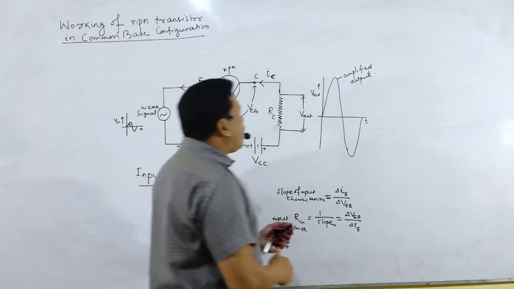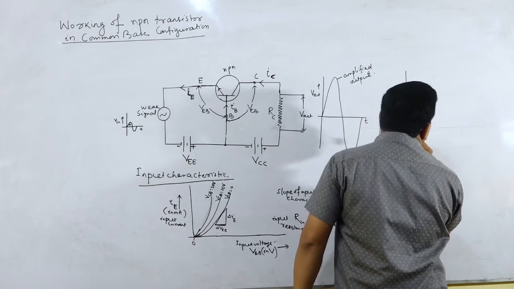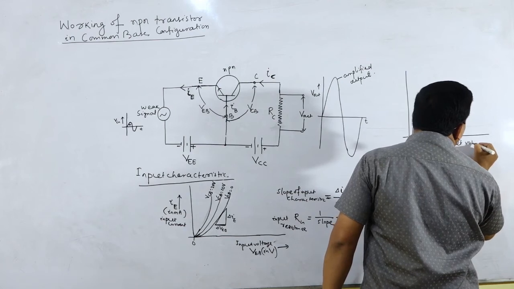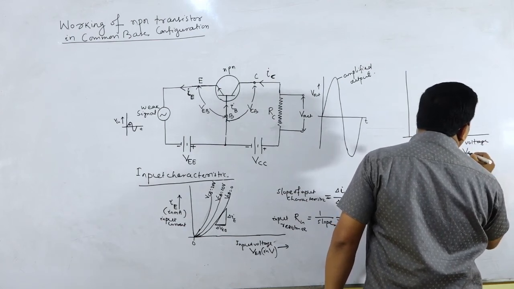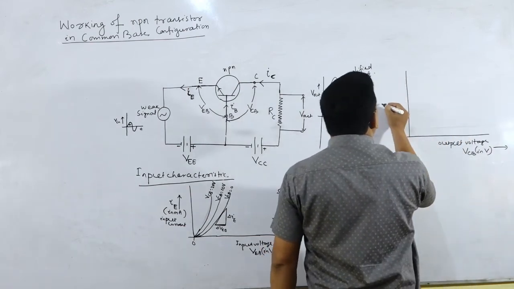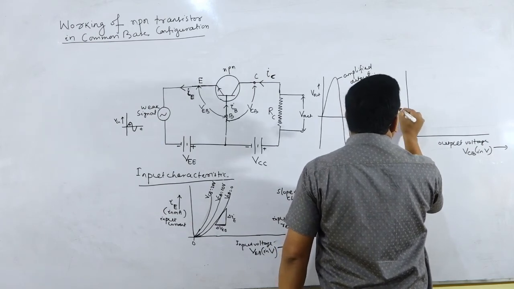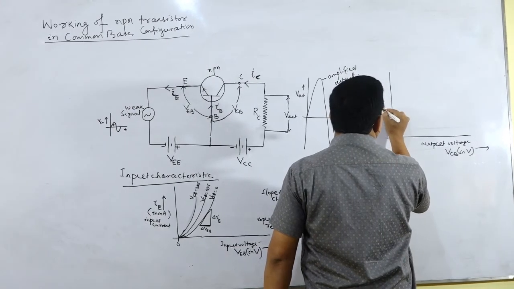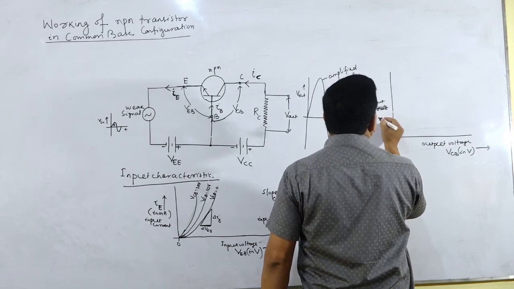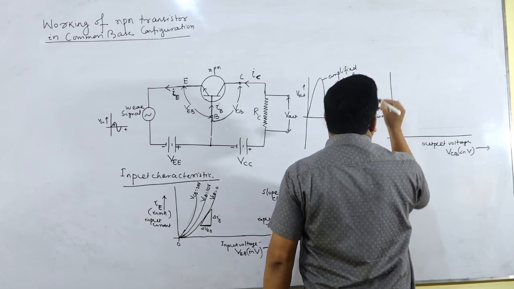So if we plot a graph between output voltage, that is collector base voltage VCB in volt, and output current, that is collector current IC in milliampere, keeping the input current constant.